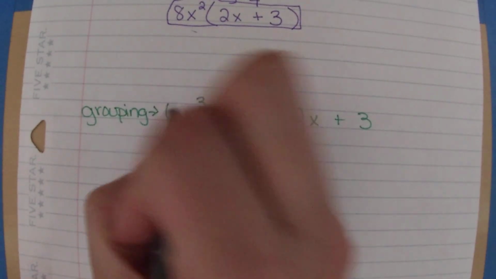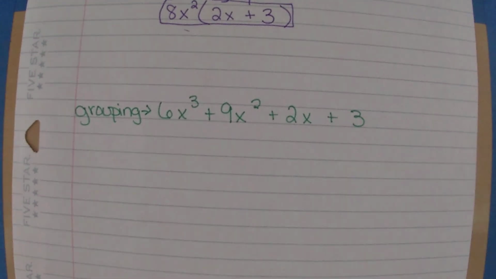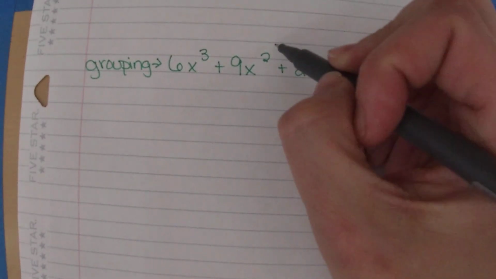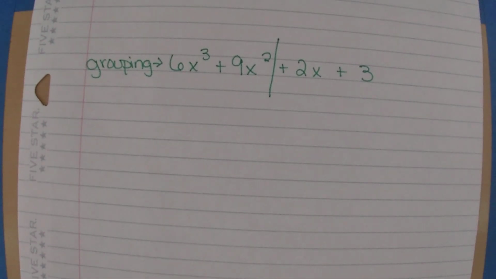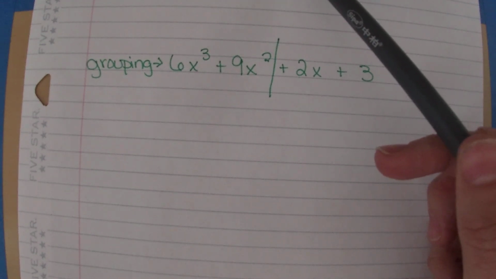We said we did factoring by grouping when we have 4 terms. So we have 1, 2, 3, 4 terms. So if we had 4 terms and we were going to factor by grouping, we would chop this in half and think about it as 2 separate problems, where on each side I'm going to factor just like I did up here on the top.